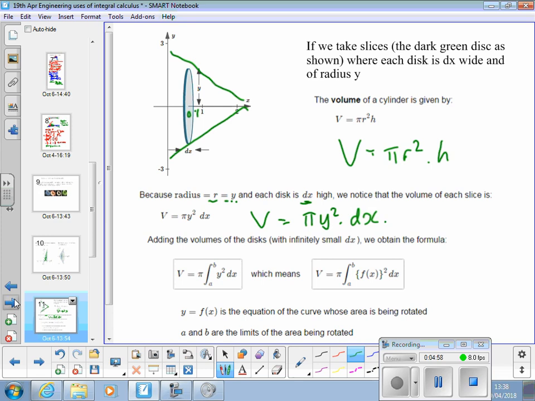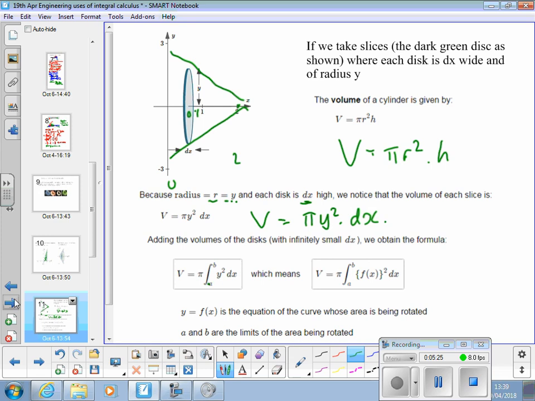Integration then does as it sums the slices between x equals 0 and 2, if our cone hits 2 there. So if we integrate between the two limits, that function, we get the volume of the cone.